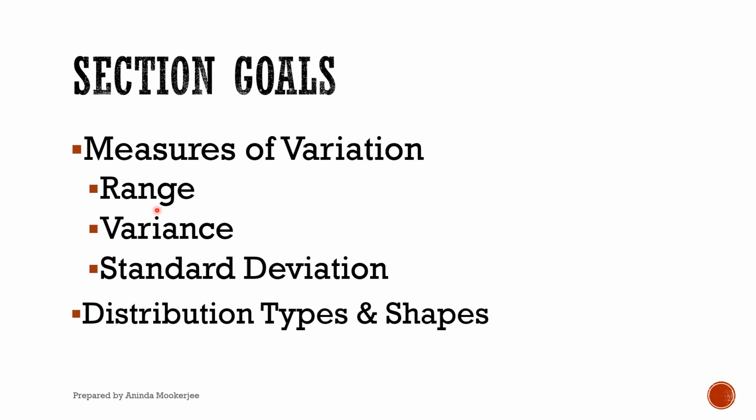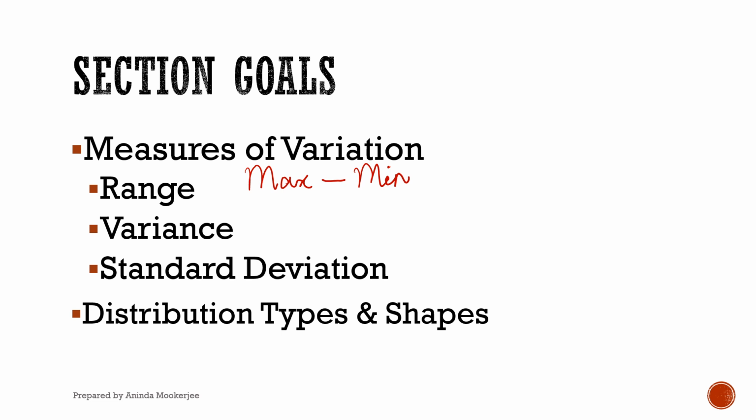There are three kinds. One is a very simplistic measure, which is called the range, and that's nothing but the difference between the lowest value and the highest value in the data set, which is calculated by just taking the highest value, the maximum value, and from it we subtract the lowest value, which is the minimum value.